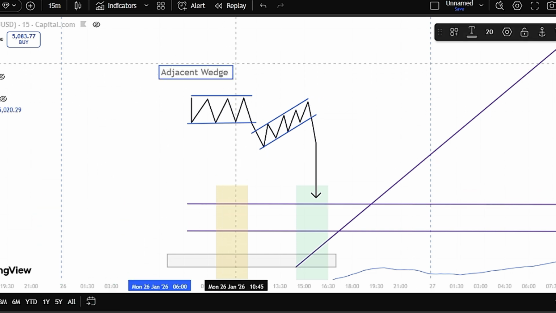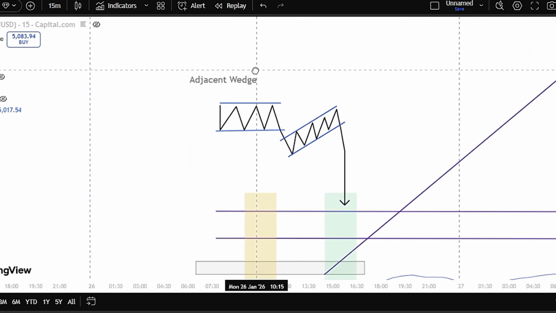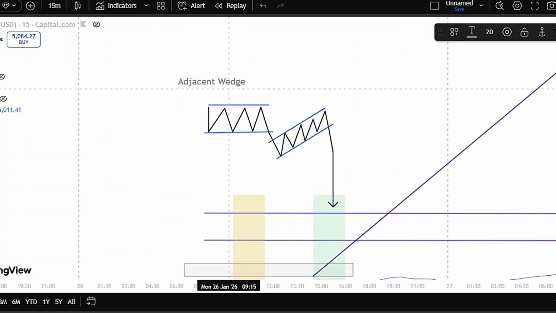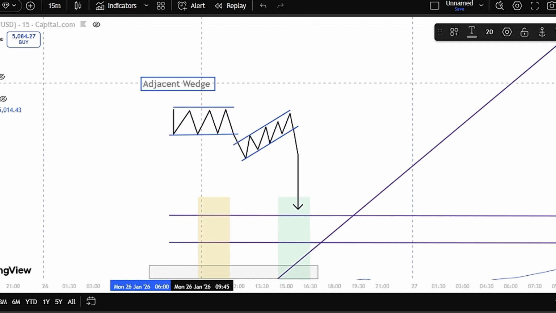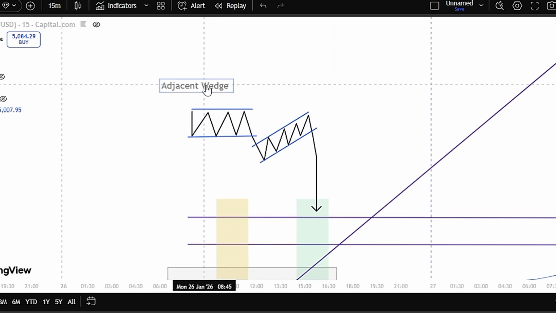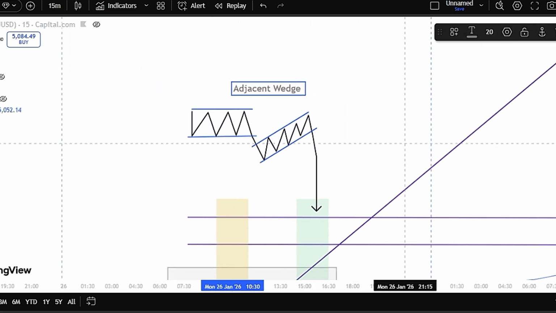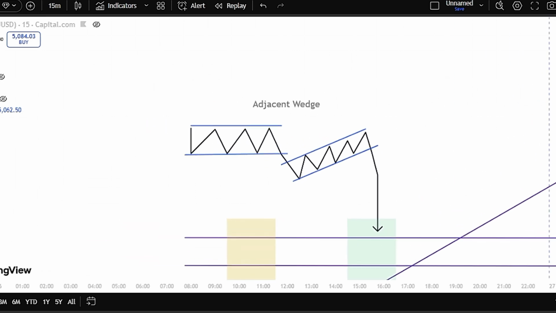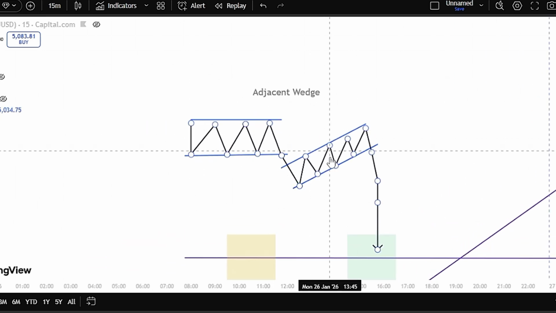The reason why I'm calling this the adjacent wedge is that if you watch clearly, you'll be able to see that there is a wedge right here.